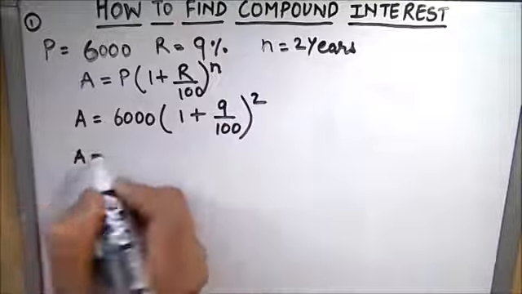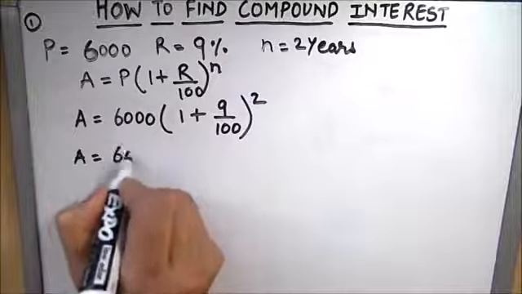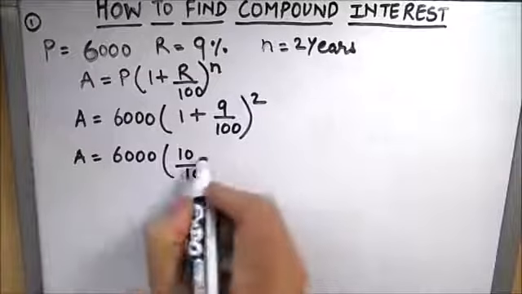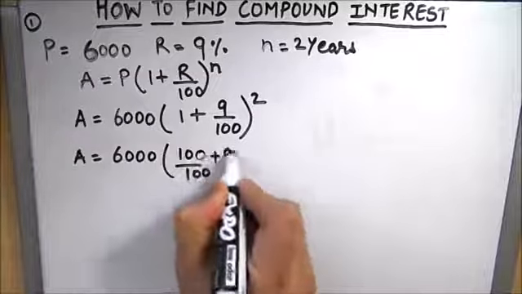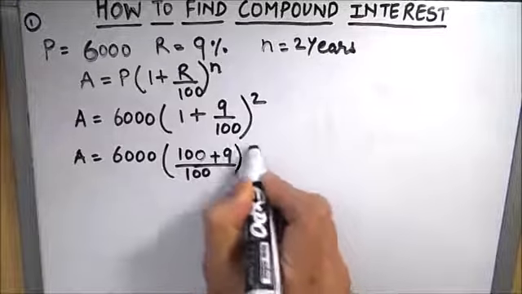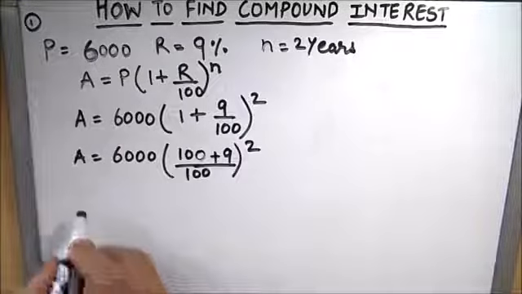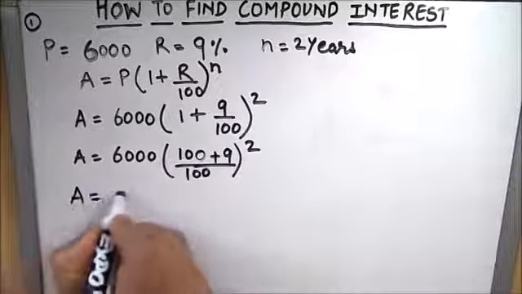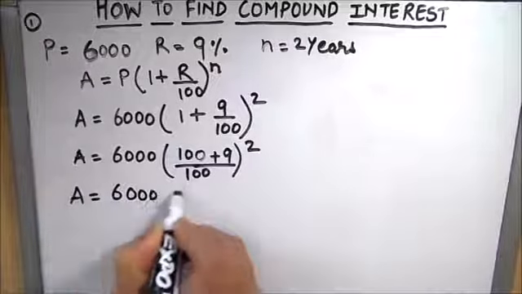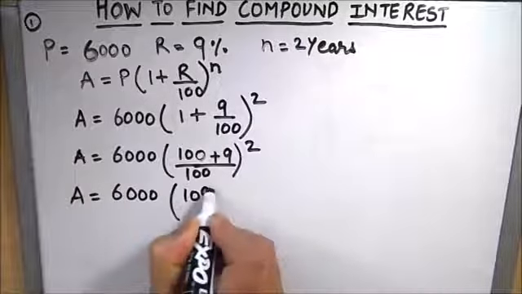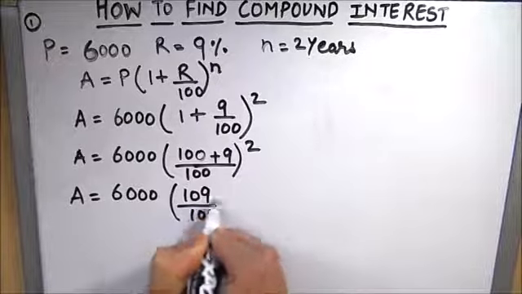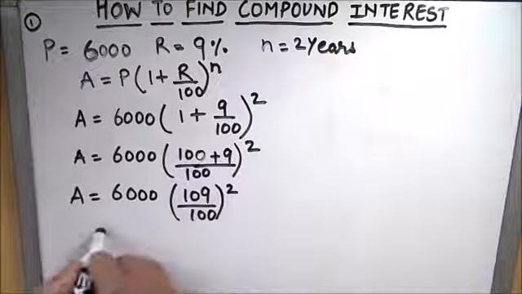So amount is equal to 6,000. This will give us 100 plus 9 over 100 raised to power 2. Then this is 6,000 times 109 over 100 square.